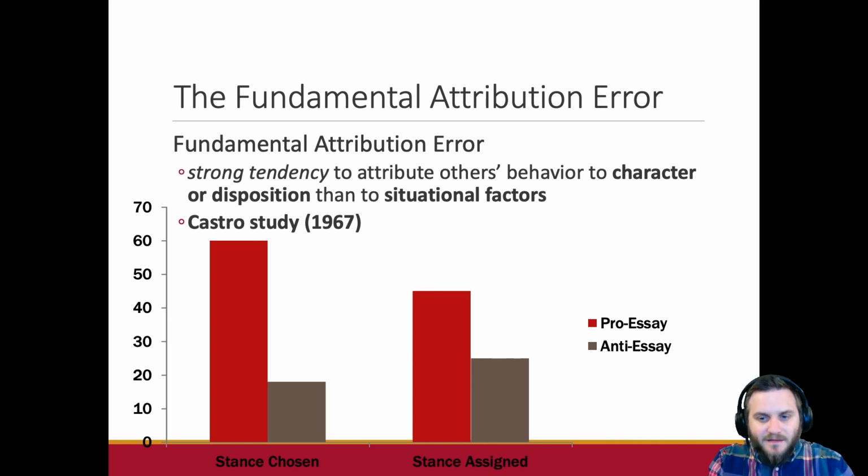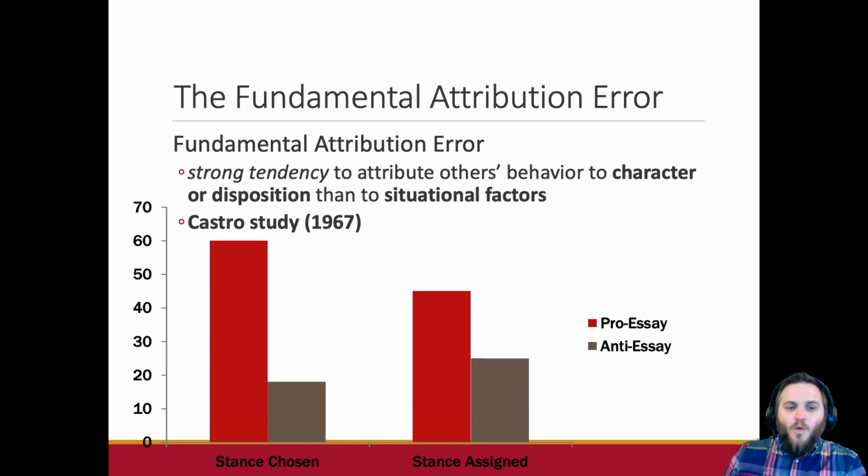So not surprisingly, when the participants rated these essayists, they came up with these responses. Okay, so in the pro essay, when their stance was chosen for them, pro or con, almost 2/3 rated the essay as more favorable.